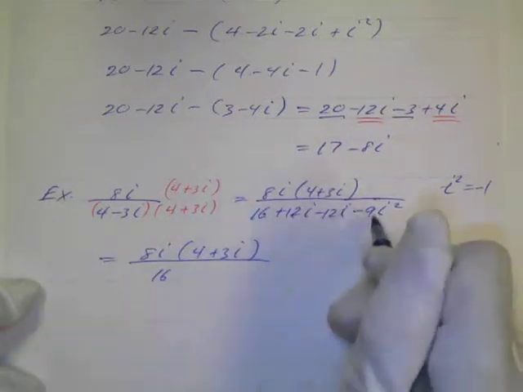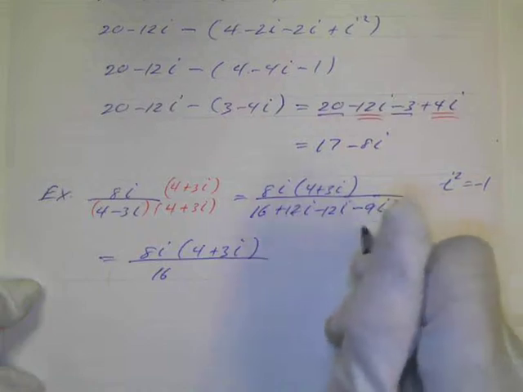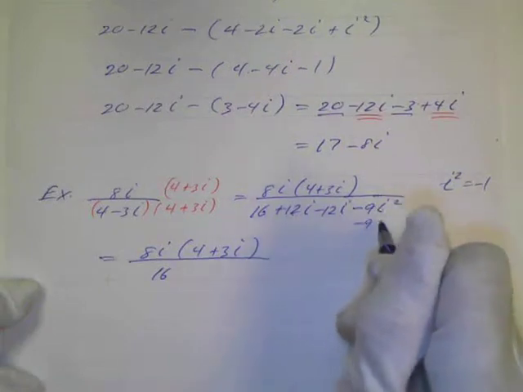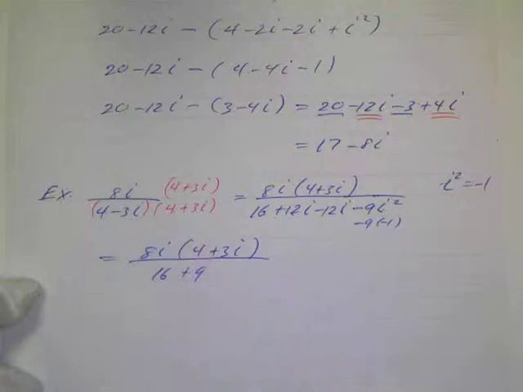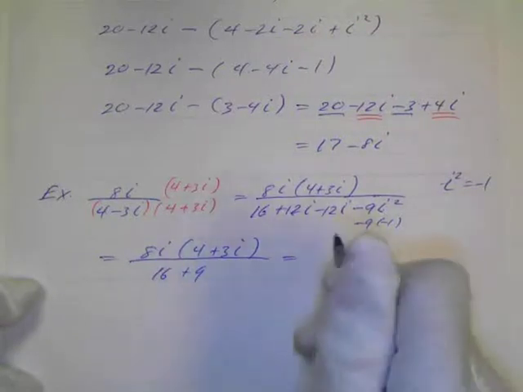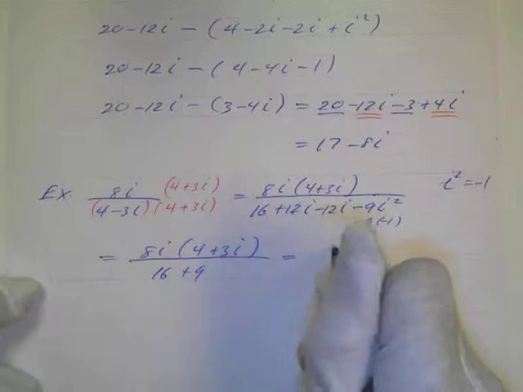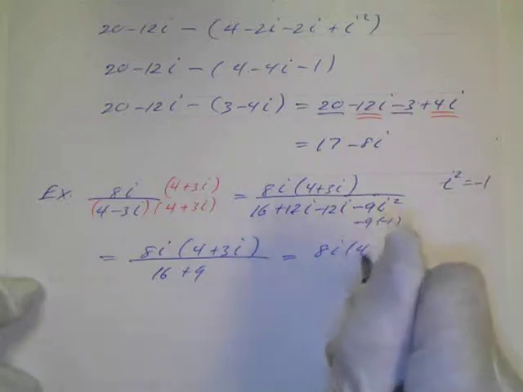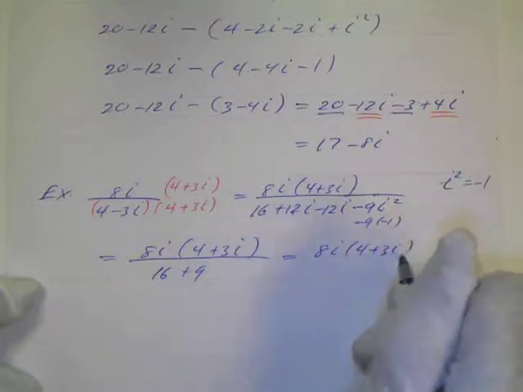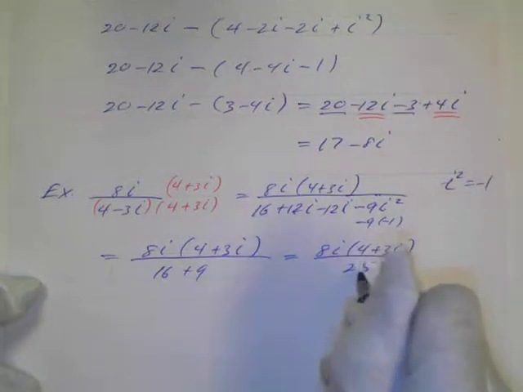These become 0. And this is -1. So this is -9 times -1, which just makes this +9. So this ends up being 8i times 4 plus 3i all over 25.